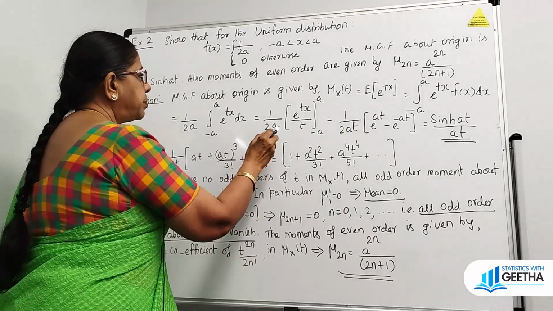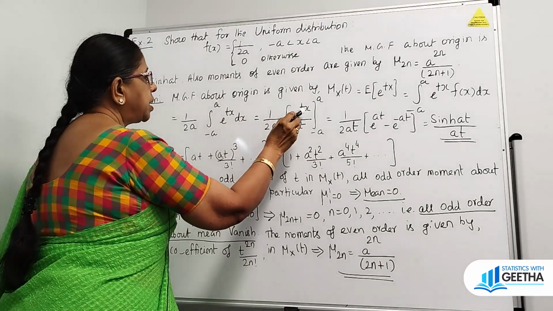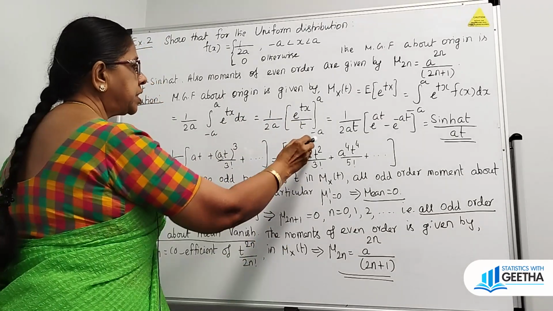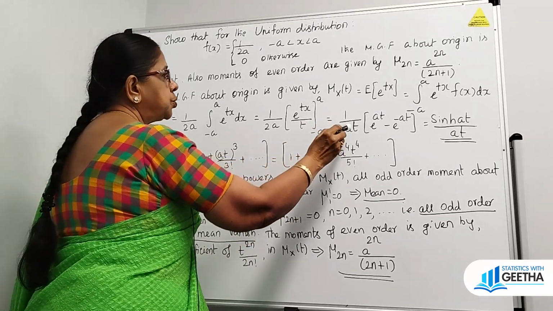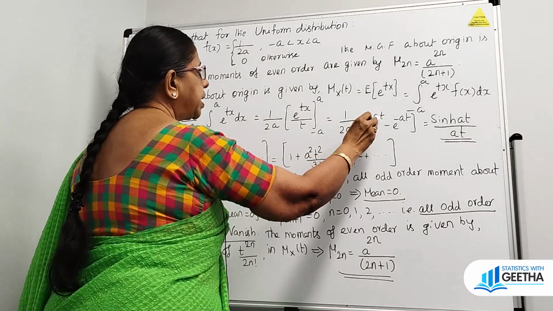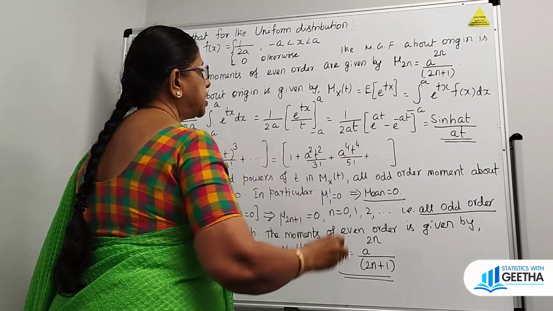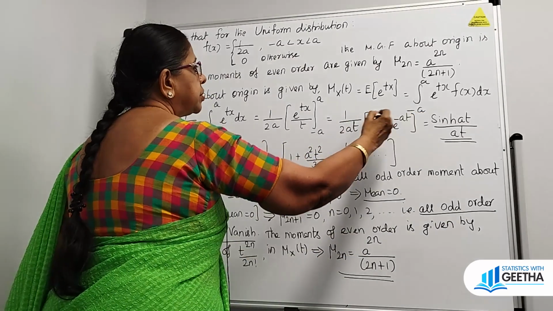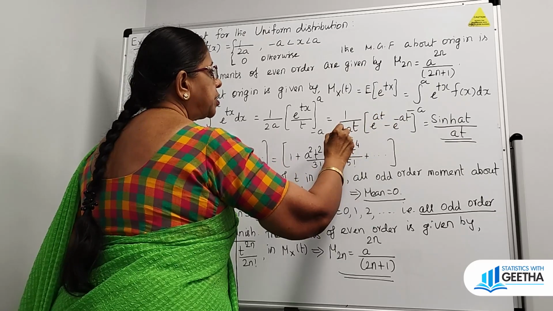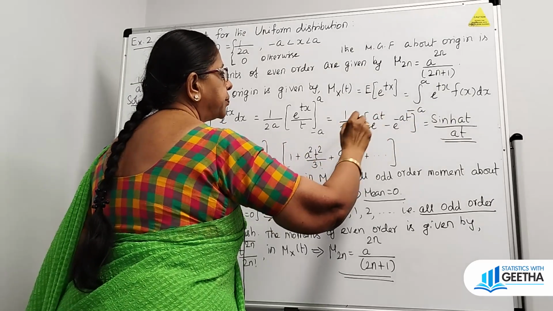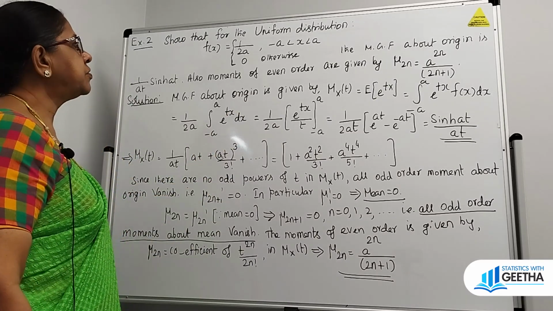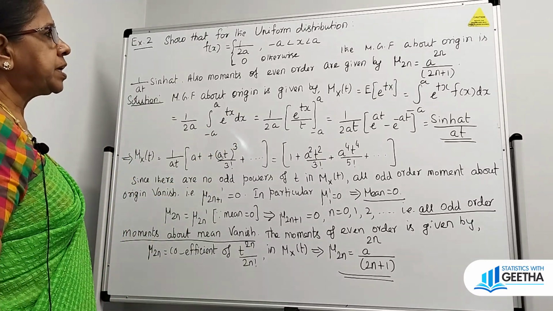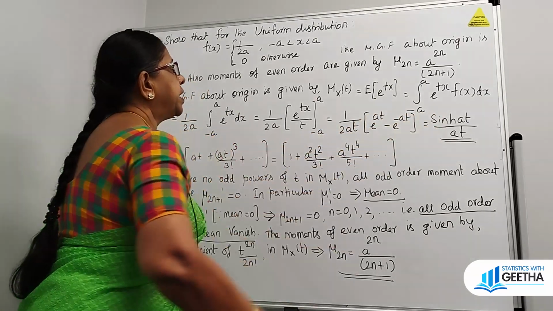Integrating, we get e power tx by t within the limits minus a to plus a. This is nothing but 1 by 2at into e power at minus e power minus at. Actually this divided by 2 is sinh at, divided by at as it is. So we have proved that MGF about origin is given by sinh at by at.